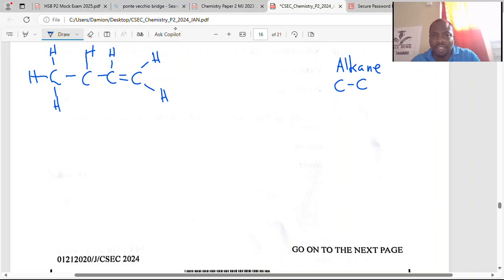Like I said, I'm just doing a quick overview of organic chemistry utilizing this question. What do we know about alkanes? Alkanes are considered to be saturated, meaning they're not able to have any other form of hydrogen or any other form of atom being added without something being removed.